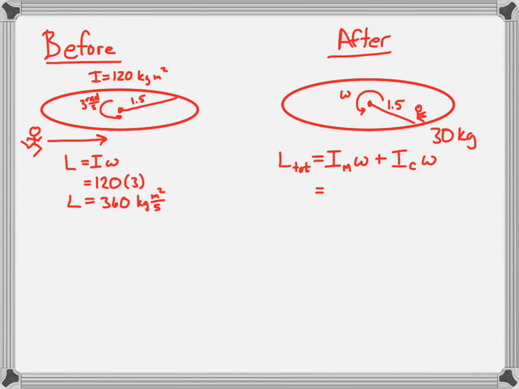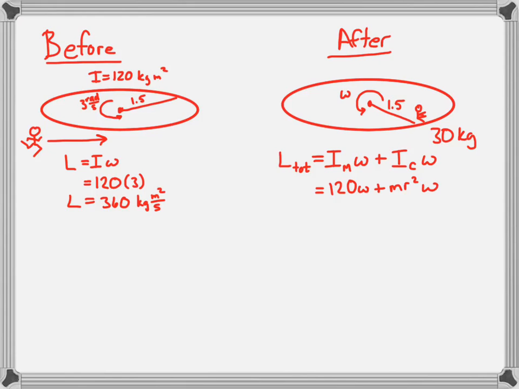We know the merry-go-round has a moment of inertia of 120, so we have 120 omega plus the moment of inertia of the child. Now, for the child, we're going to treat the child like a point mass. And when you have a point mass at a certain distance away from the center, its moment of inertia is equal to mr squared.